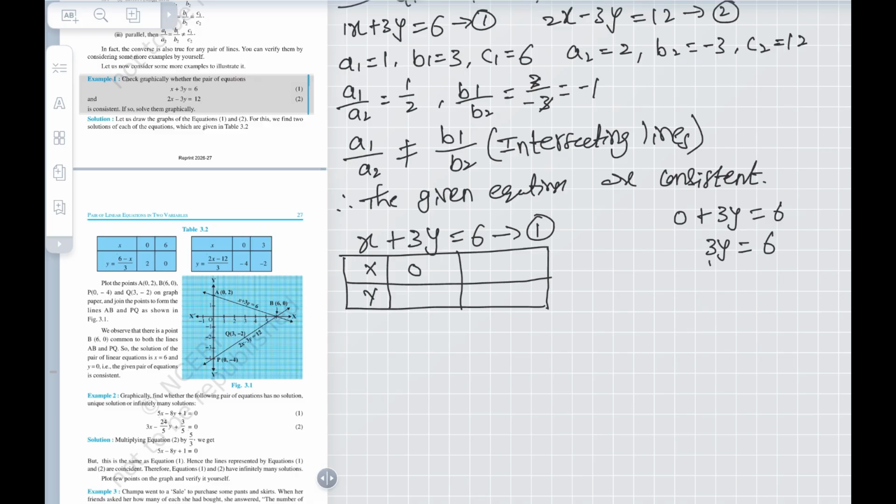The 3 is attached to the y by multiplication. So when I send 3 to the other side, it becomes division. So y = 6 by 3, which is 2. So y value is 2 here.